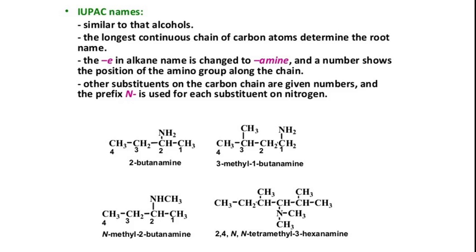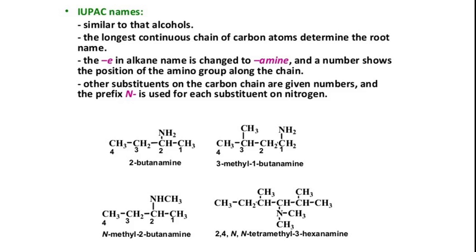After that, on which carbons are methyls? The second carbon and fourth carbon, that's why 2,4. Again, on N there are also methyls. Total how many methyl groups are there? Four methyl groups. That's why 2,4,N,N-tetramethyl-3-hexanamine.